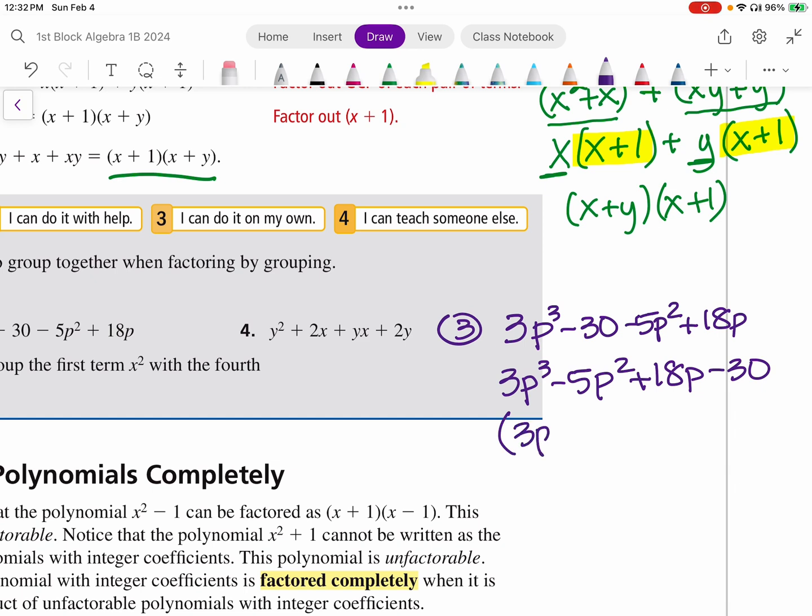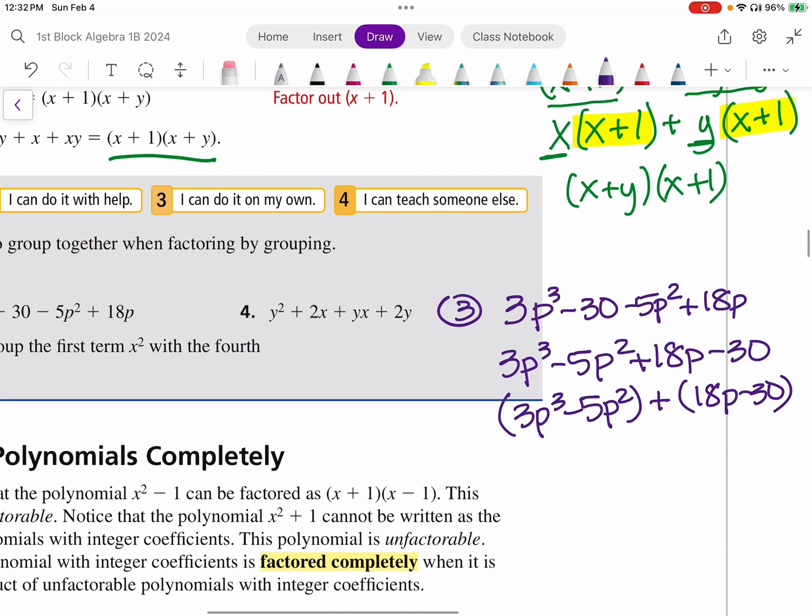Now I'll split it up into the first two terms and the last two terms. Is there a greatest common factor for 3p to the third power minus 5p squared? It is p squared. P squared times 3p will give us 3p to the third power. P squared times negative 5 will give us negative 5p squared.